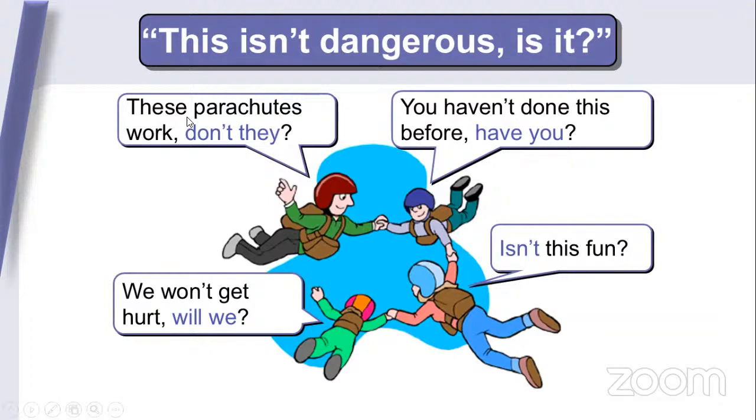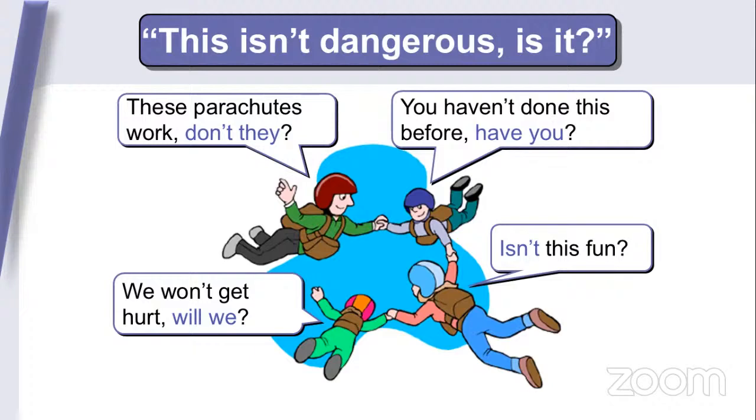In that case, we're gonna use do or don't, doesn't, it depends on what we are talking about. And you haven't done this before, have you? For example, that's another one. We won't get hurt, will we? And this isn't, or it isn't this fun.